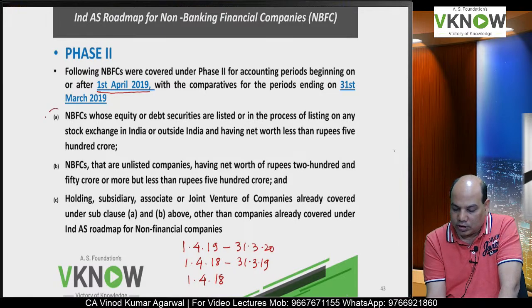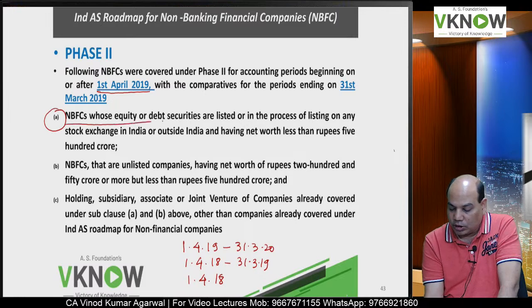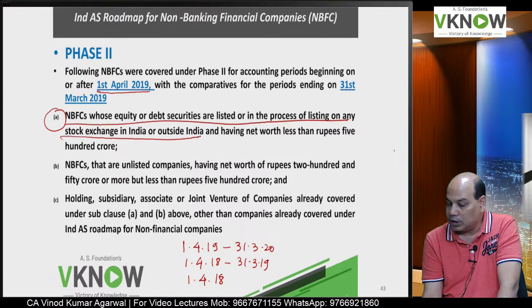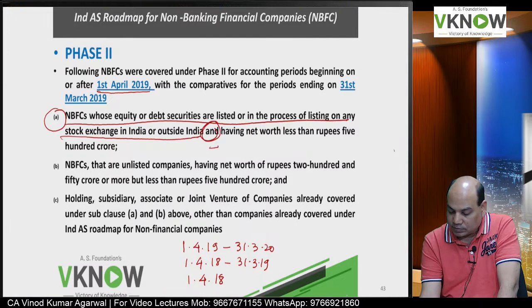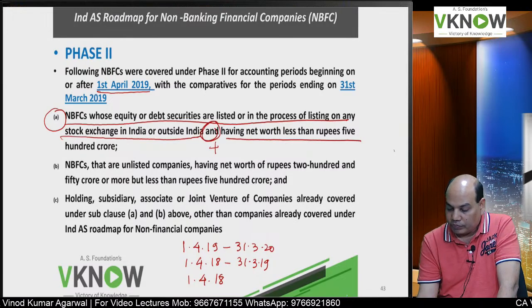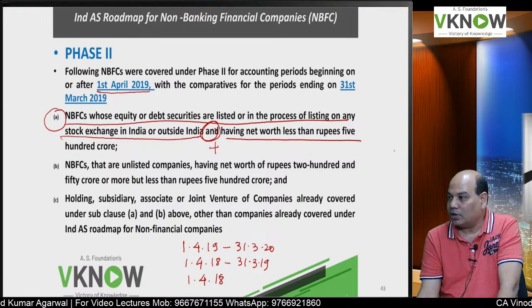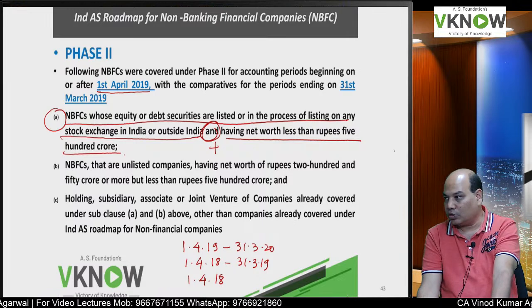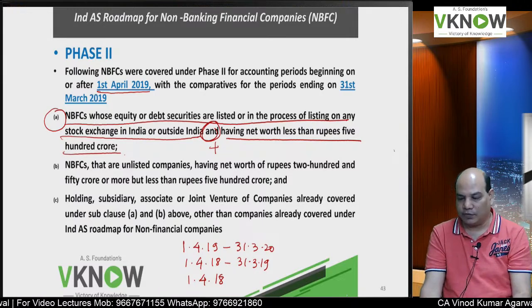Which are covered here: listed or in the process of listing, plus net worth less than 500 crore rupees. Because if net worth is more than 500 crore, they are already covered under phase 1.